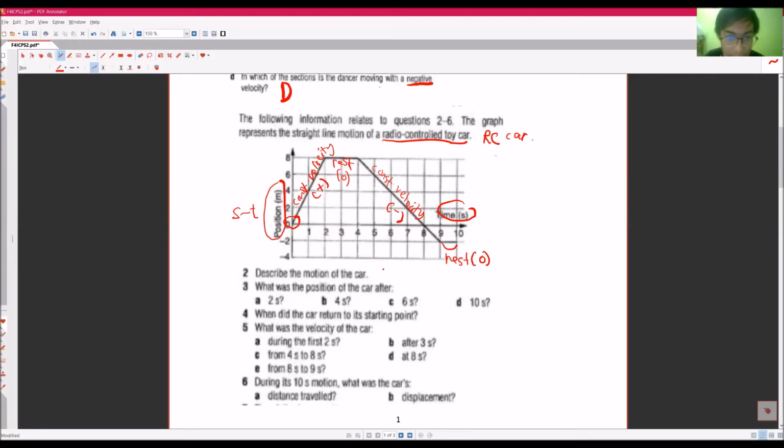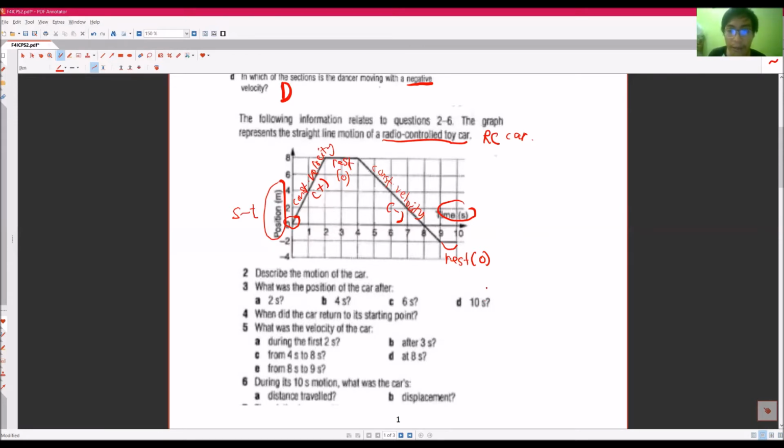So we can say that for the first 2 seconds, the car moves with a constant positive velocity, and then it is at rest for 2 seconds until 4 seconds. And then after 4 seconds, it moves with constant negative velocity towards the origin and passes the origin until 2 meters behind the origin.